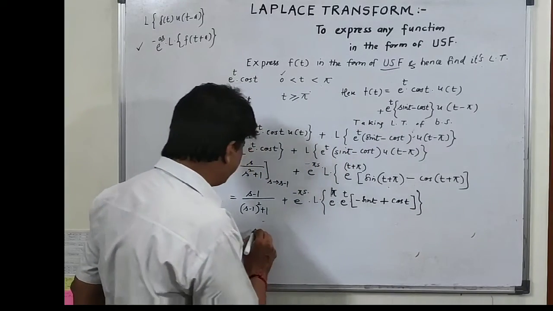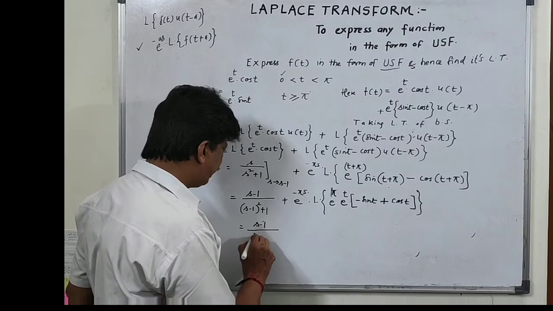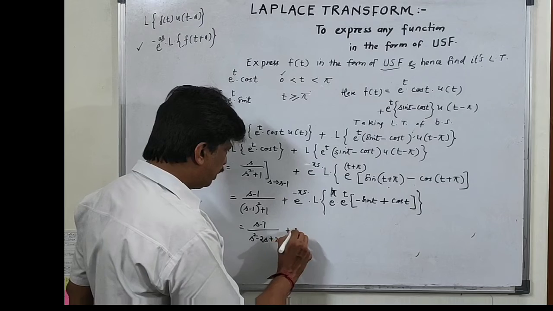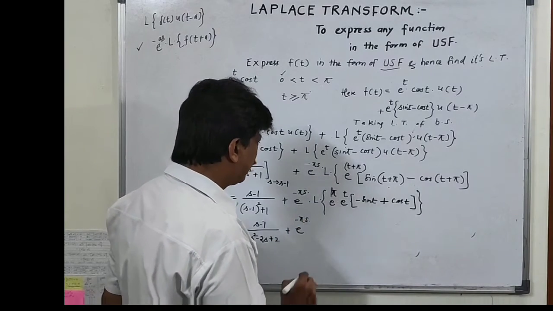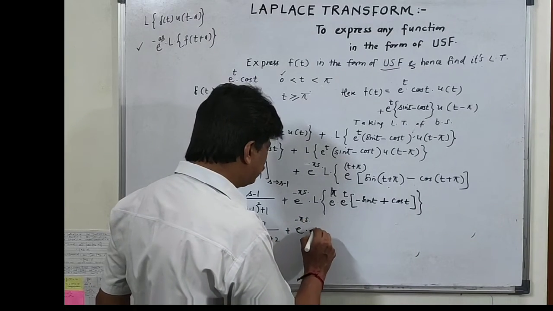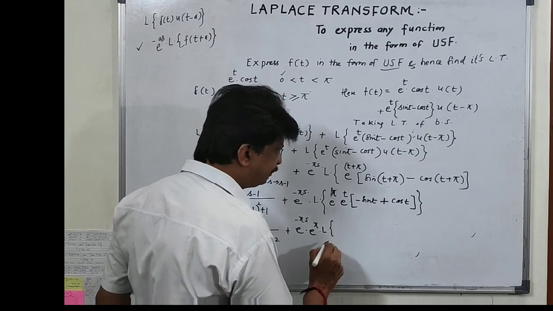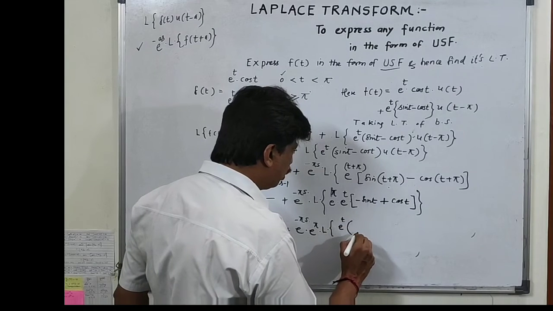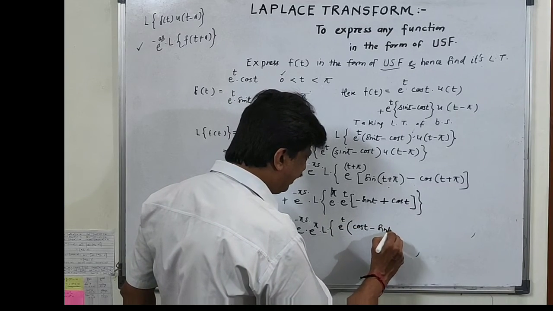So that is further equal to s minus 1 upon s square minus 2s plus 2, plus e raised to power minus pi s into e raised to power pi into Laplace of e raised to power t into cos t minus sin t.